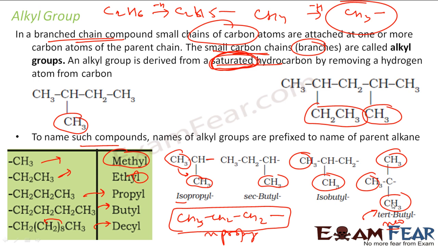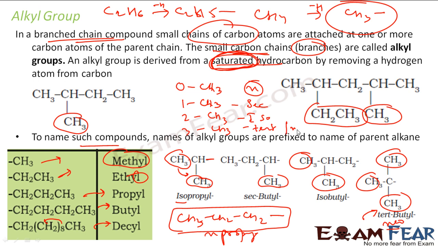It has 3 CH3, it is tertiary. Correct? So 0 CH3 attached, it is n. 1 CH3 attached, it is sec. 2 CH3 attached, it is iso, and maximum 3 can be attached, you use the word tert or neo. This is how you name the alkyl group.